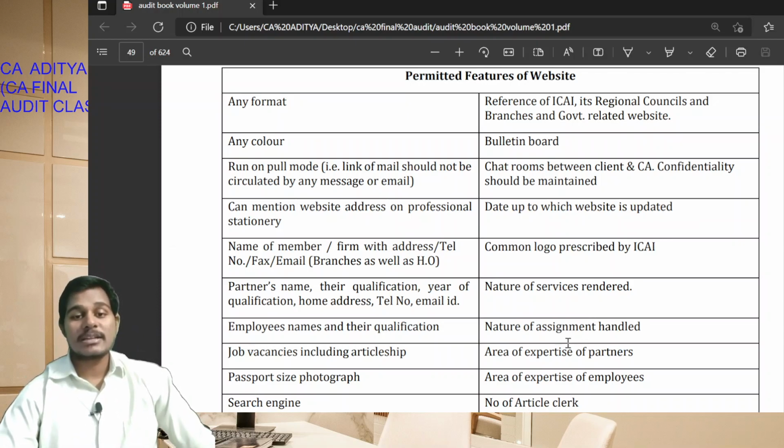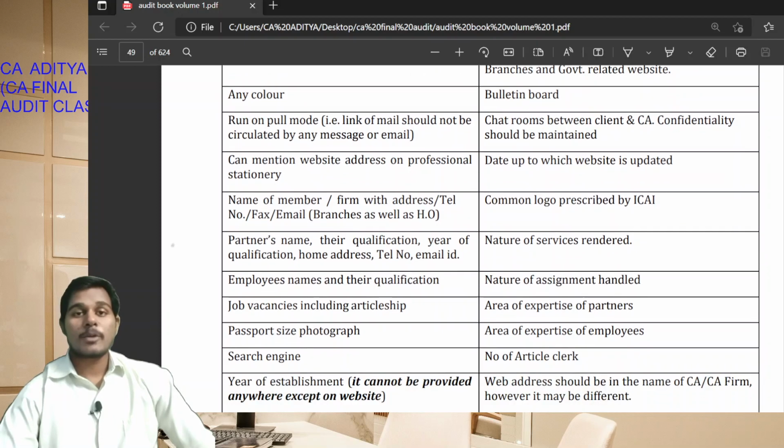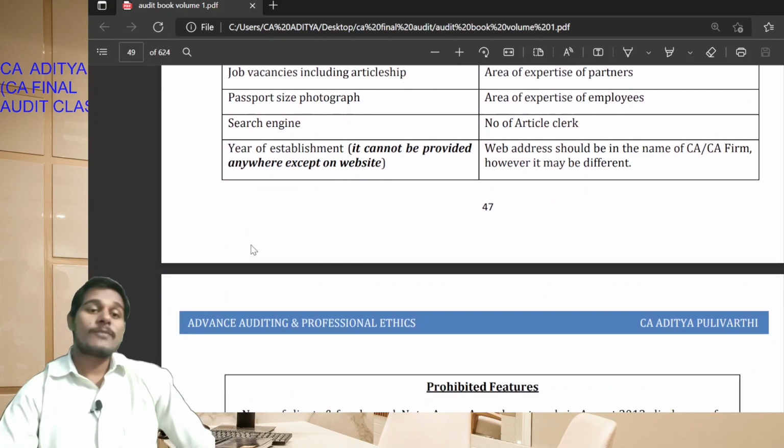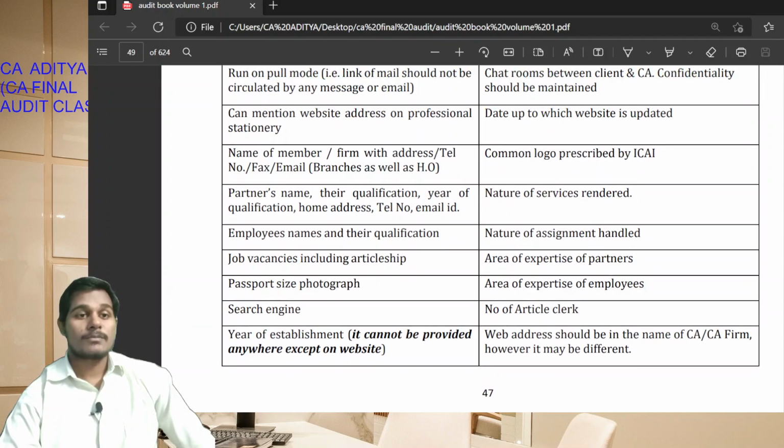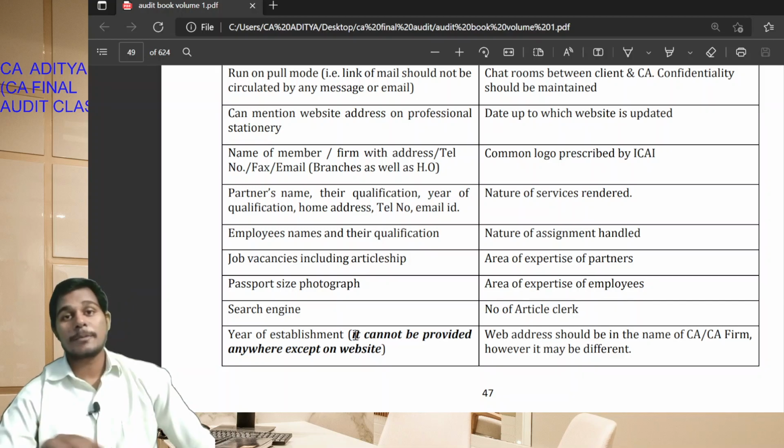Nature of services rendered, nature of assignments handled, areas of expertise of partners and employees, and number of article clerks are to be provided on the website. Year of establishment should be provided using pull technology, that is, only pull technology will be allowed, but not push technology. Year of establishment should not be provided on any stationery documents, only on the website.